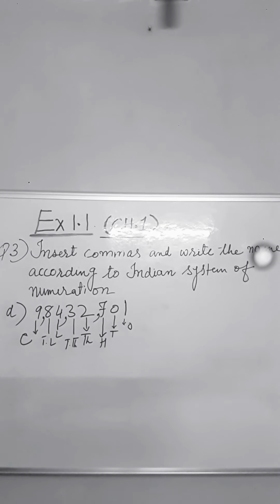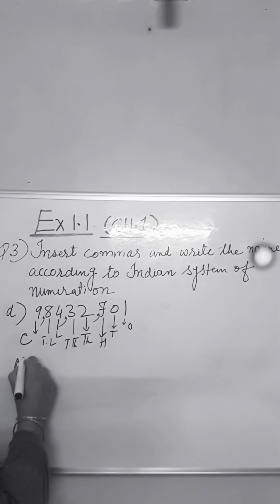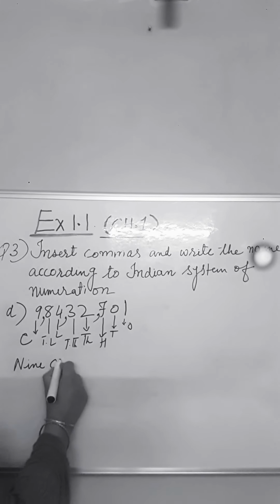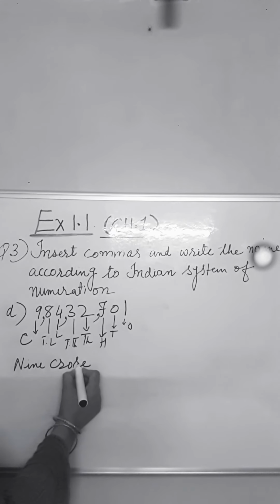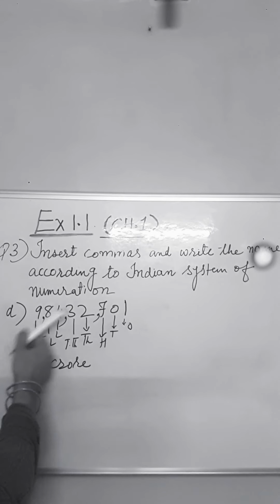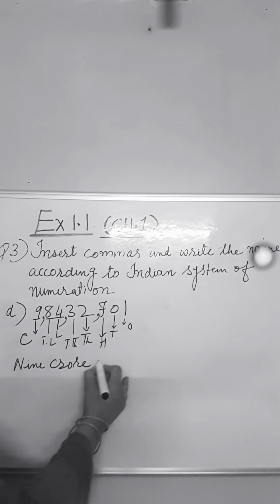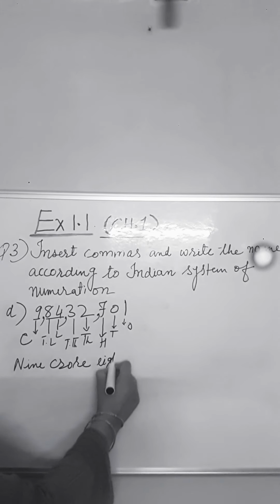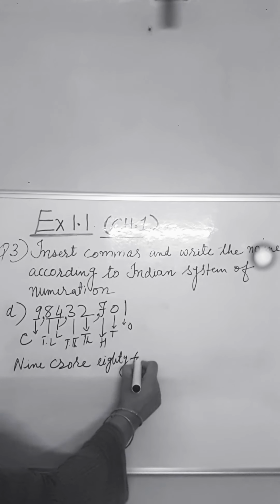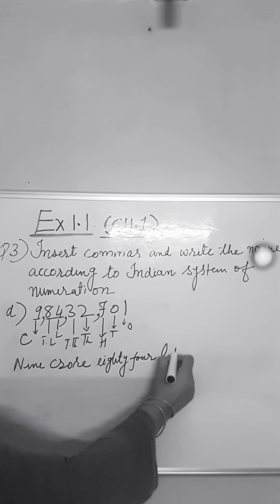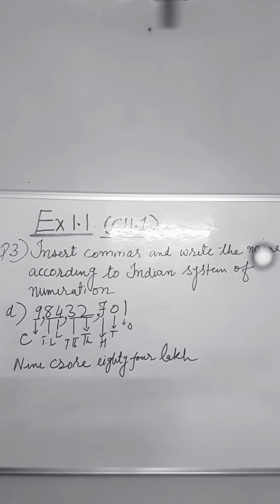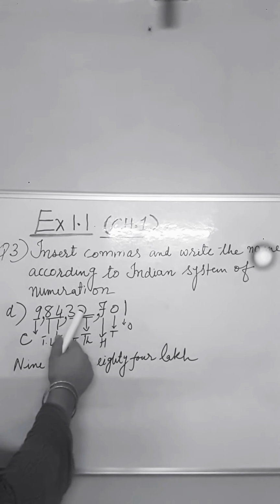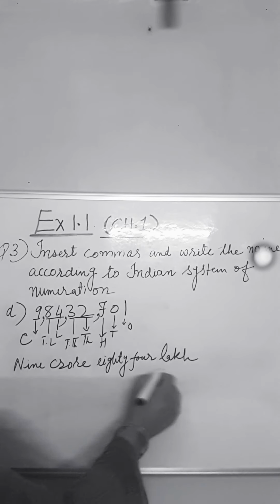So children, at crore place the digit is 9. So we will write 9 crore. Then at lakh and 10 lakh place the number is 84, so we will write 84 lakh. Then the digits at 1000 and 10,000 place are 2 and 3, and the number formed by these two digits is 32, that means 32,000.